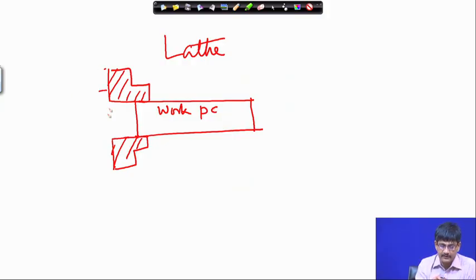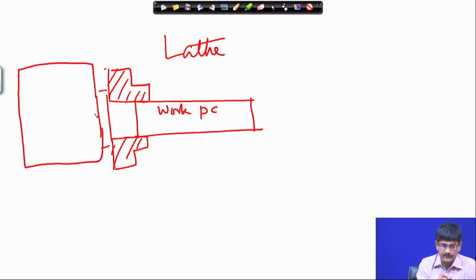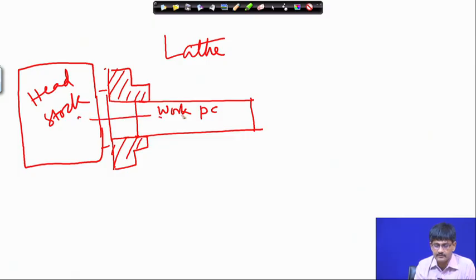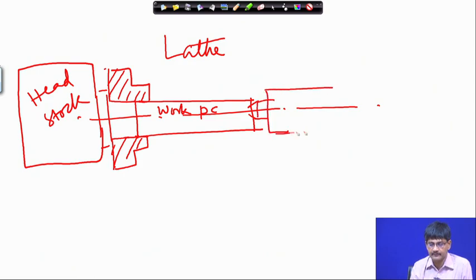It ultimately has connection with something called the headstock. This headstock will typically contain gears which can change the speed of rotation of this workpiece. On this workpiece, maybe it is held on a center on this side. We have the headstock, and just like that, we have the tailstock.